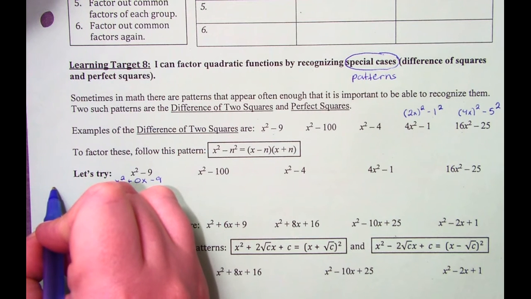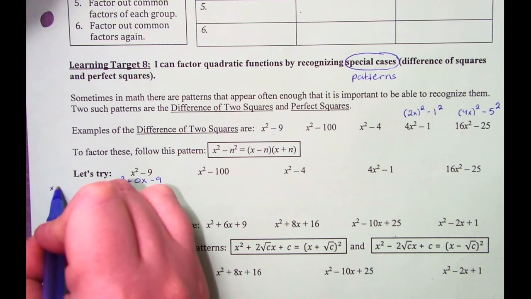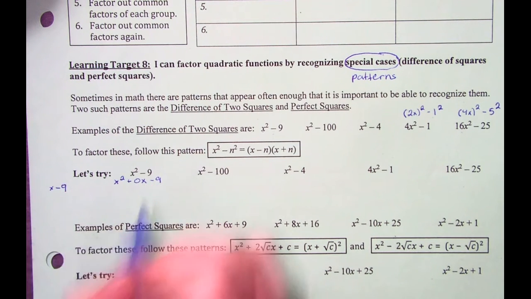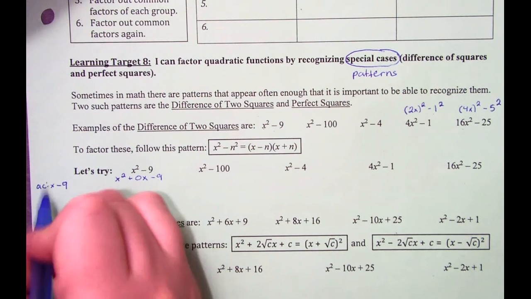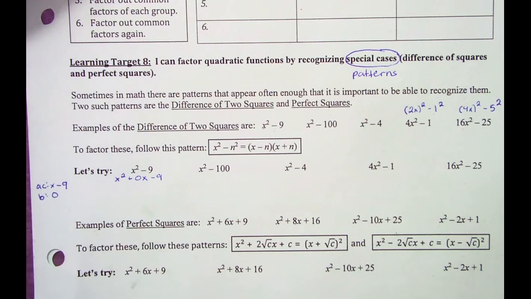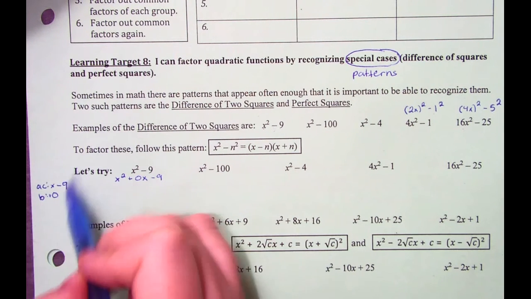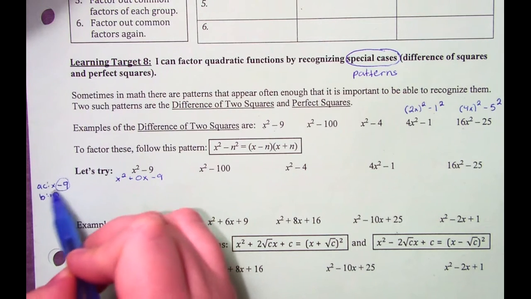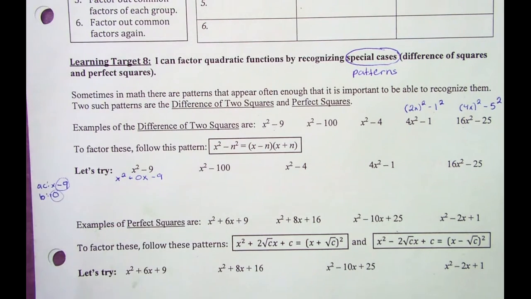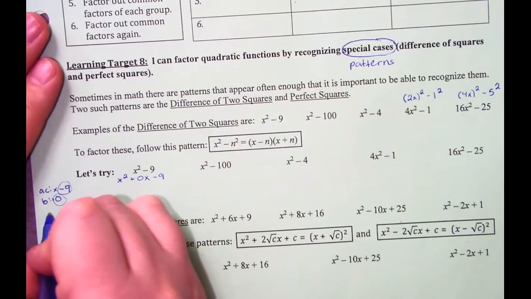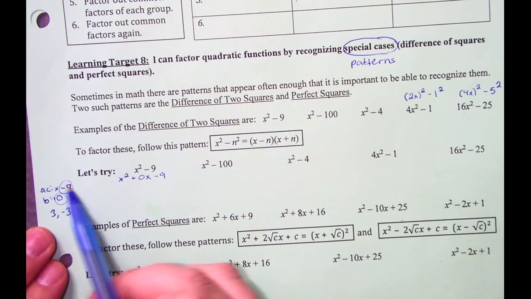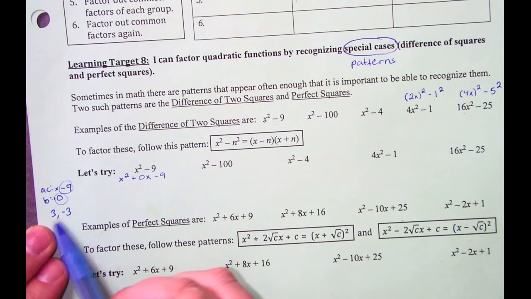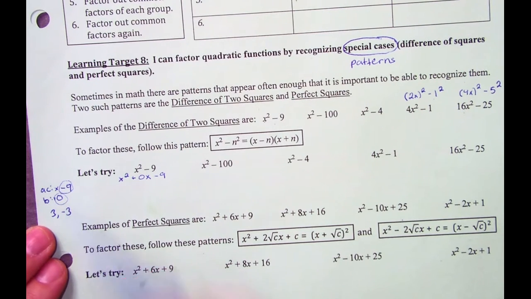So we need two numbers that multiply to be negative 9, that's the AC, and that add to be 0, that's the b. And the two numbers that do that are 3 and negative 3. 3 times negative 3 is negative 9. And 3 plus negative 3 cancels out to 0.